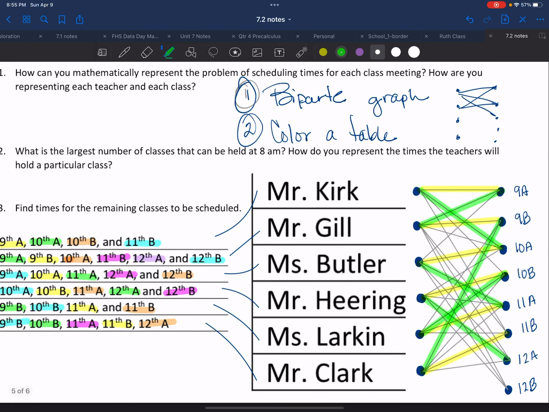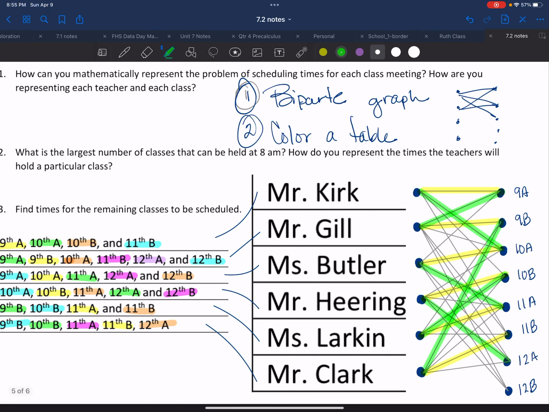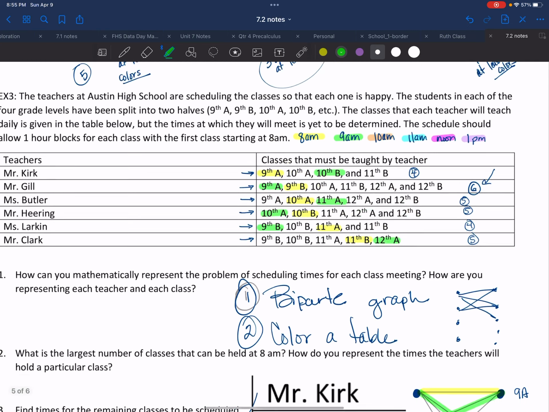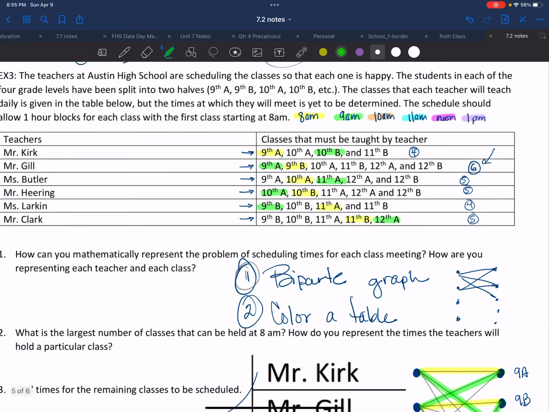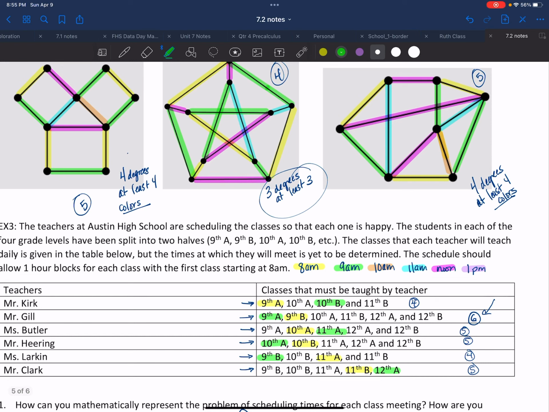Is that what we had down here? 1, 2, 3, 4, 5, 6. Yep. Okay. So it may not match up exactly with the bipartite graph, but I find that the table is a lot more manageable to deal with. And again, you can always go back in and then fill in those colors on that graph.